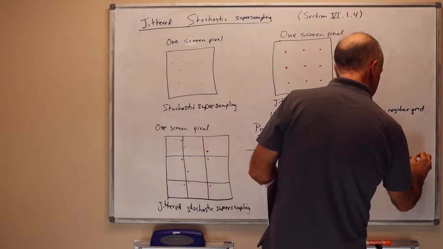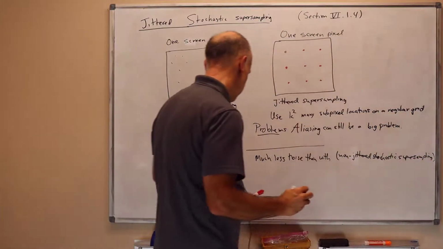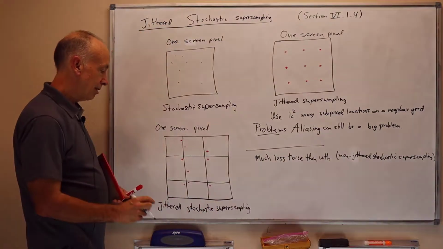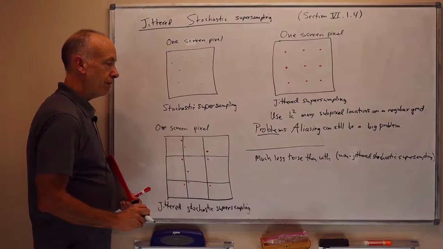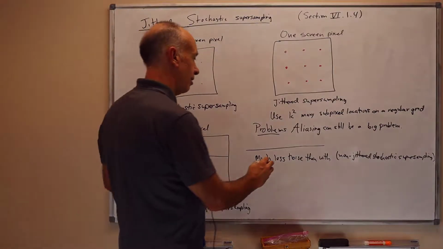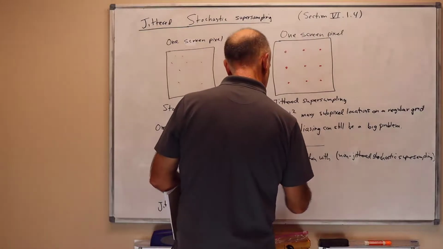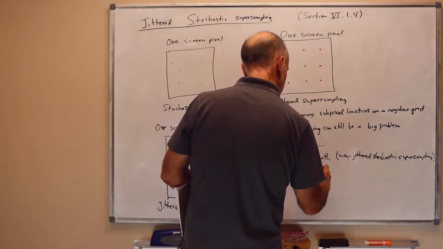And that's due to the fact that there's much less bunching up of the subpixel locations. There can still be some bunching up, like there's 2 here that are very close together, but there tends to be a lot less bunching up, and that translates into less noise, and thus fewer supersamples are needed.